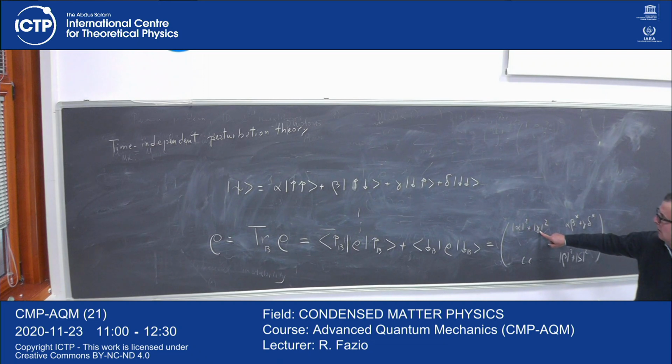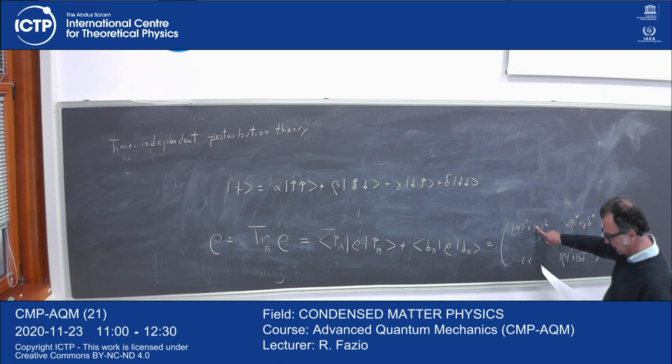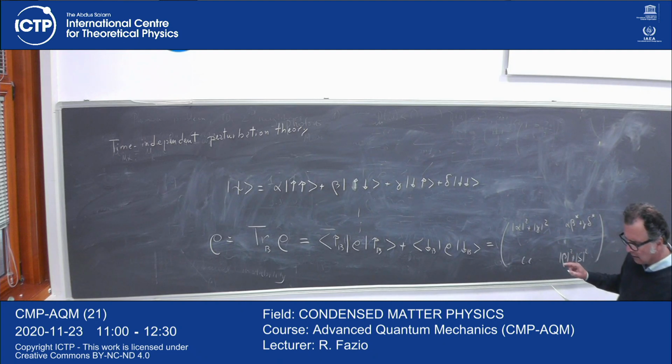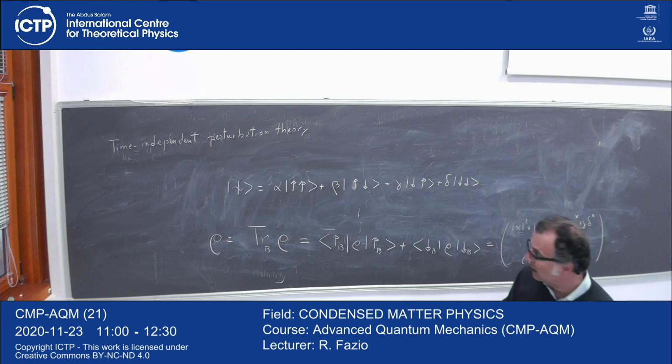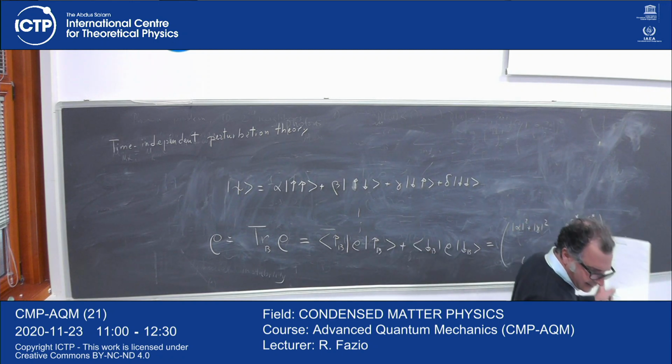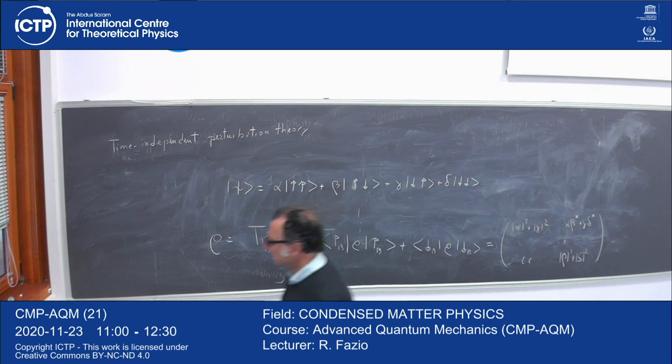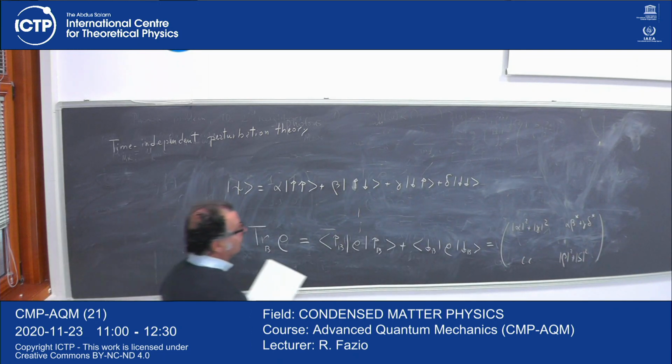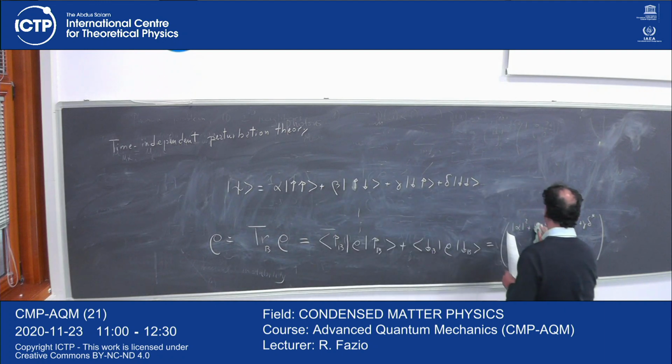Yes, I think you're right. Just a moment, let me check. You're right. Yes. In this notation, I have a different state. Sorry. So here I have alpha squared plus beta squared.